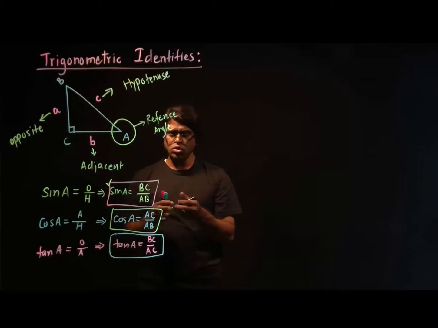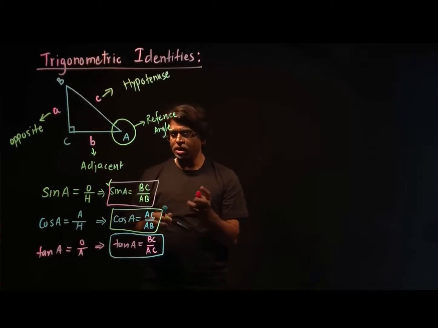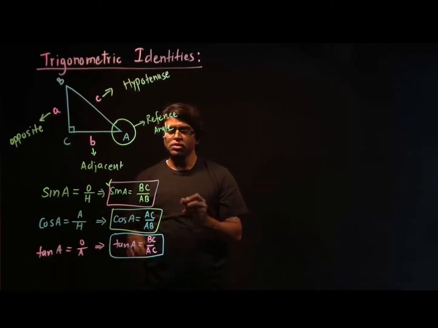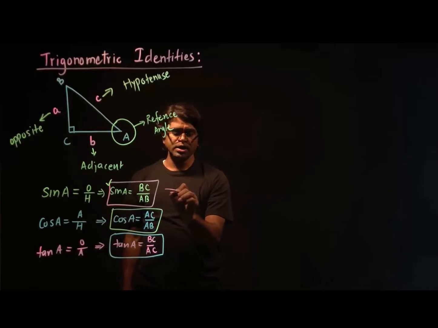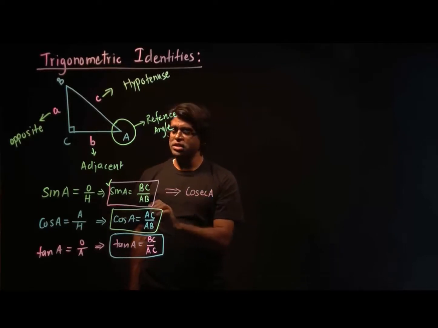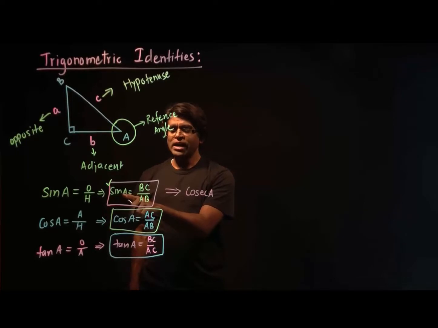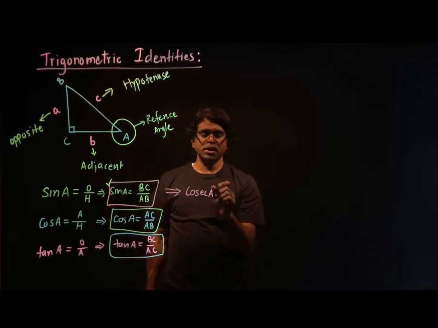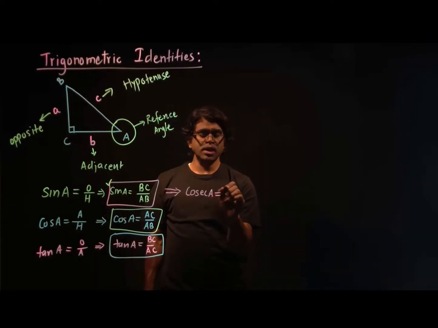Now I'm going to write a few more trigonometric ratios. The next one is cosecant. We all know that cosecant is the reciprocal of sine. So if sine is BC over AB, then cosecant will be AB over BC.